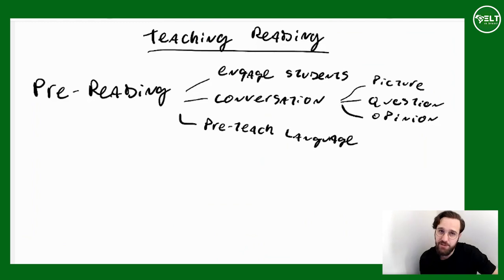But there are other options, for example, ranking tasks. There are types of pre-reading activities that you can do even with the lowest of levels.